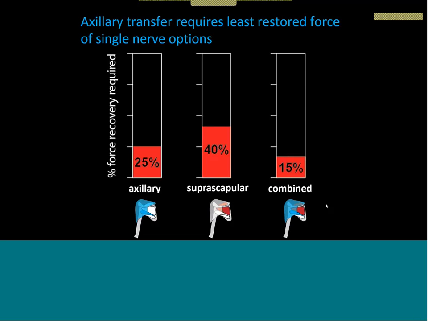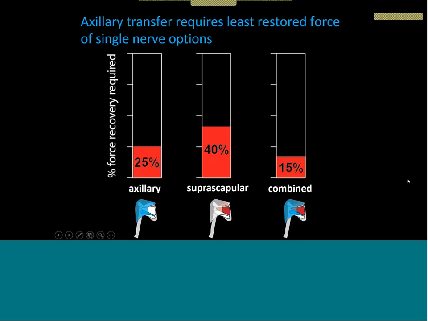That means the combined transfer of these 3 options is the least sensitive to how much recovery the patient experiences, and they'll be able to do this one functional task with a relatively low level of recovery. In contrast, axillary and suprascapular require more recovery, with the axillary requiring only 25% force recovery to perform the task, while the suprascapular transfer required up to 40%. So it would be the most sensitive to how much recovery the patient experiences.